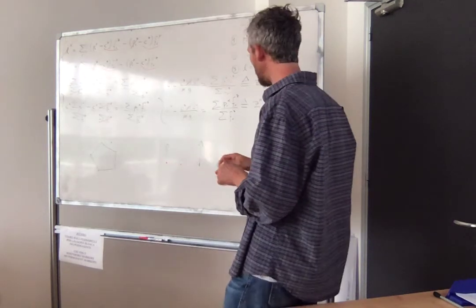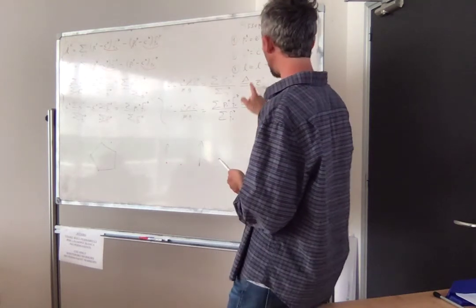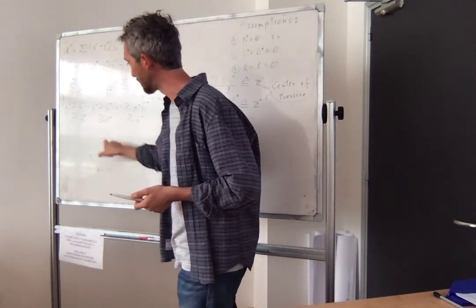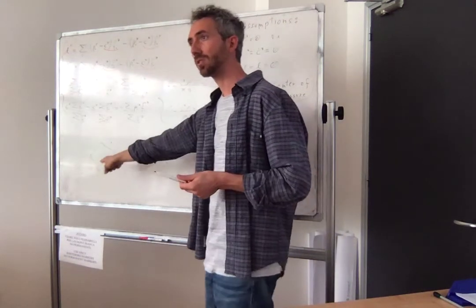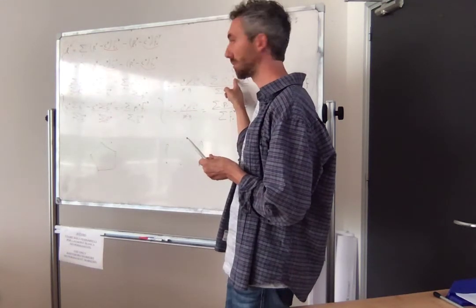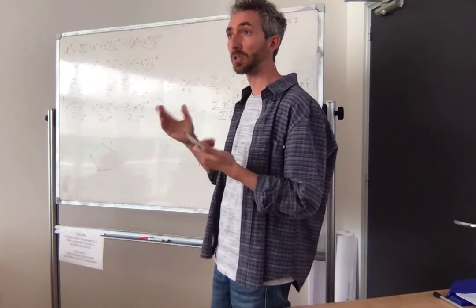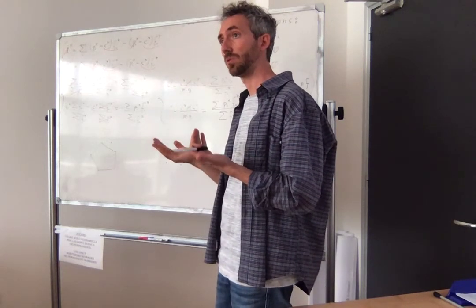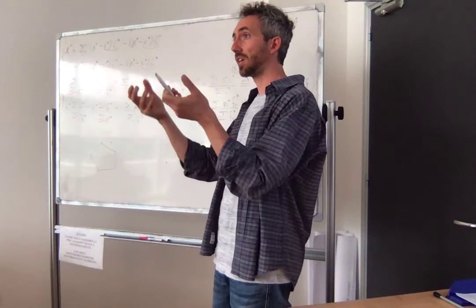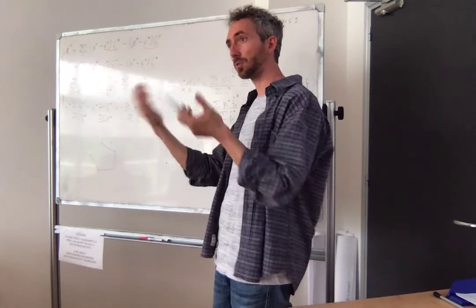So just by saying that the center of pressure is staying inside the convex hull of the contact points, I am implying that my contact forces in the normal direction must be positive.